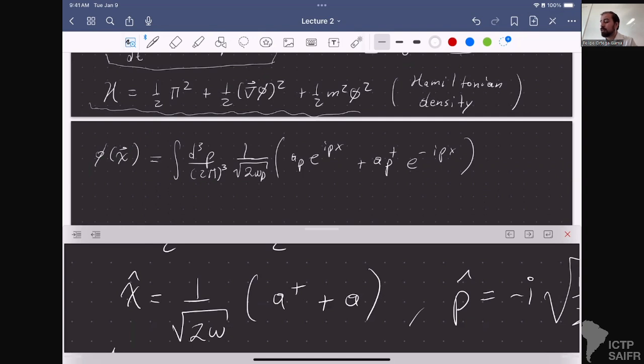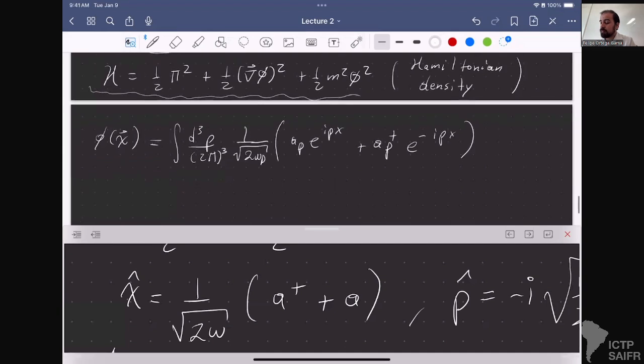So we have this Fourier transformation, but then we have the same structure of the summation of the raising and lowering operators. And you might wonder, what is this 1 over square root of 2 omega p? In the case of the harmonic oscillator, this omega was coming from the potential part of the Hamiltonian.